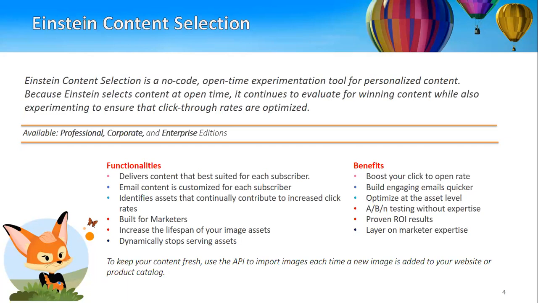When you begin sending, Einstein chooses the best asset for each customer from the assets and customer information you supply. Each email is customized for the subscriber. We'll understand these functionalities in more detail when we have deeper knowledge of each term used and how this works.